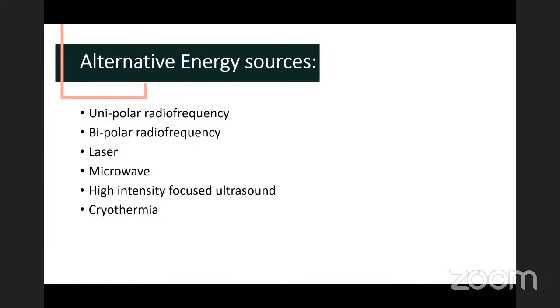But radio frequency and cryothermia are not the only options, just the most commonly used. We have the unipolar radio frequency and the bipolar radio frequency. We have the laser and we have the microwave and high intensity focused ultrasound and cryothermia. Basically, any energy that can cause an atrial injury to the tissue that can break those triggers.